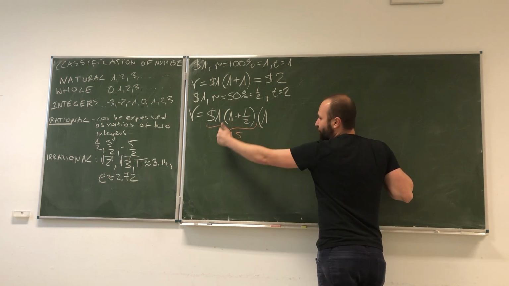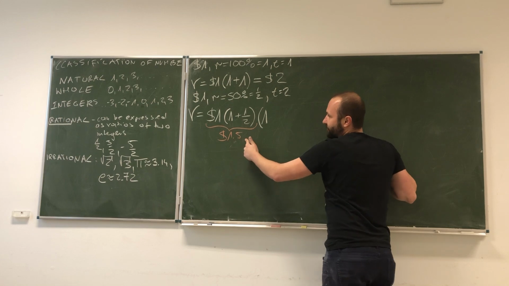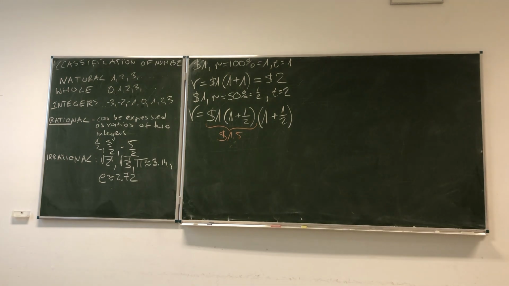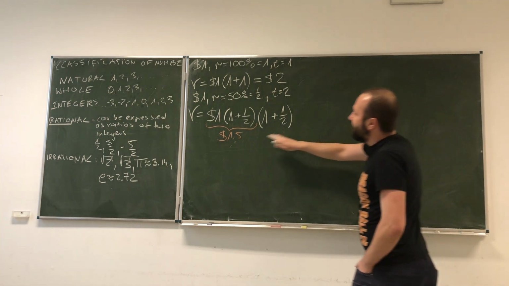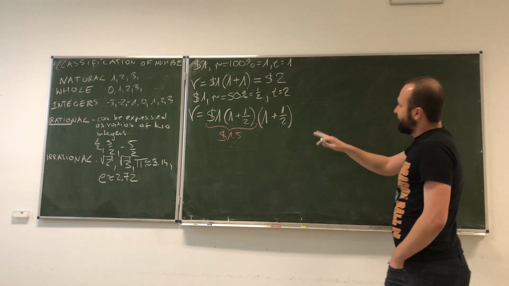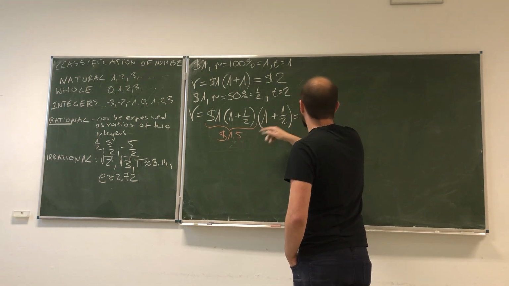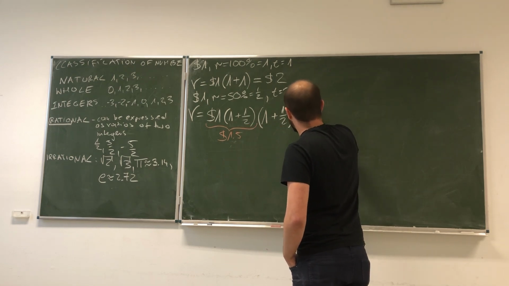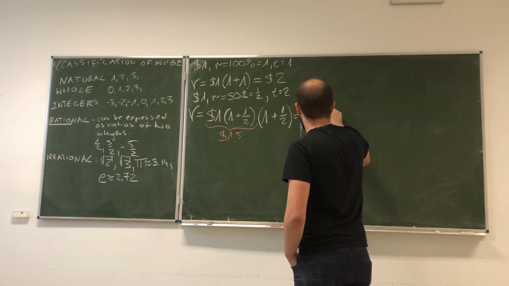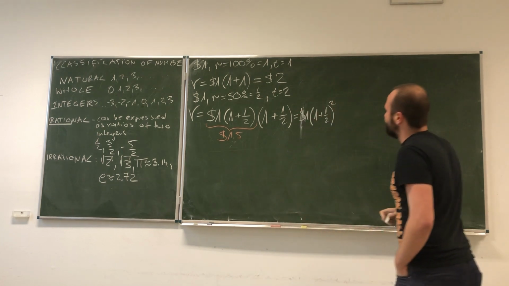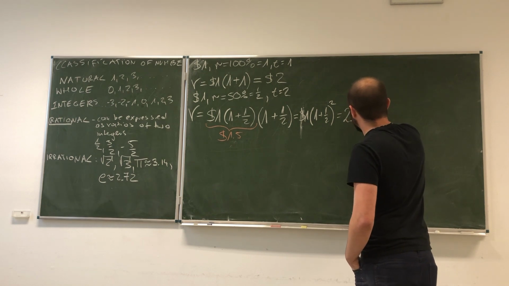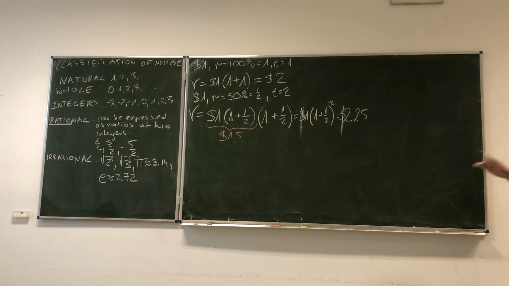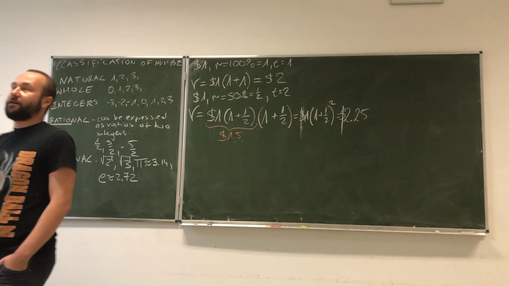But first, of course, we're gonna retain this $1.5, but we're also gonna have additional 50% out of this $1.5. So look, in other words, I could simplify this and write it as $1 times 1 plus 1 over 2 to the power of 2, which gives us $2.25, which clearly shows us that this is a better option.